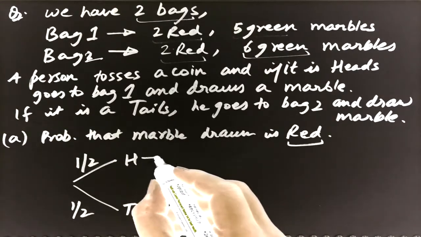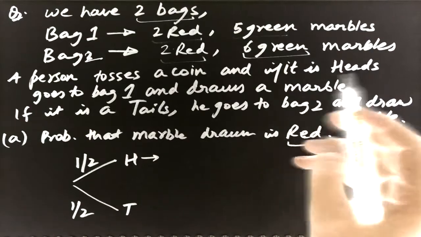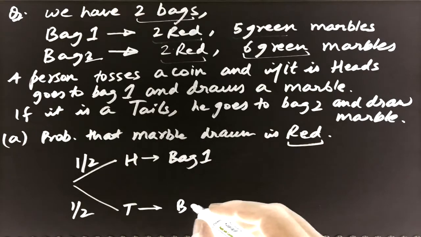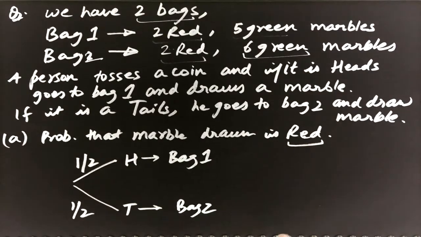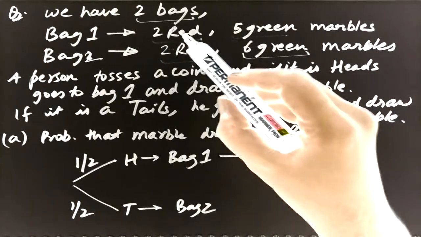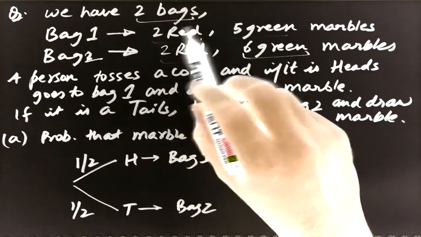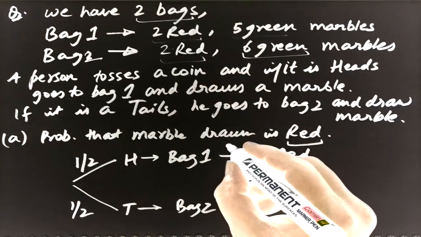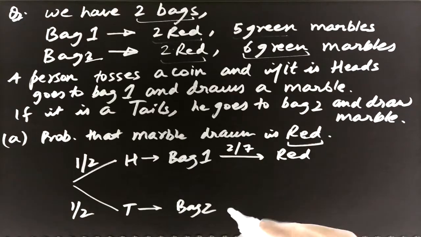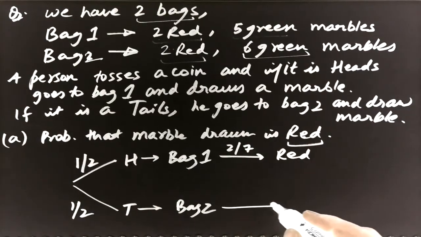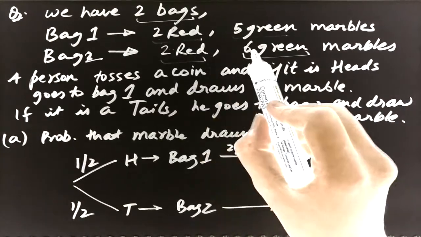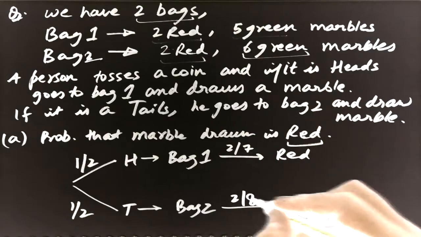If we get heads, then we go to bag number 1. If we get tails, we go to bag number 2. From bag number 1, to get red, we have the probability of 2 divided by 7. And getting red from bag 2, we have the probability of 2 divided by 8.